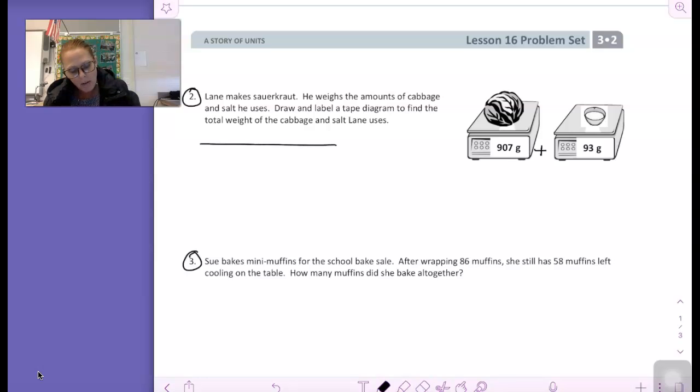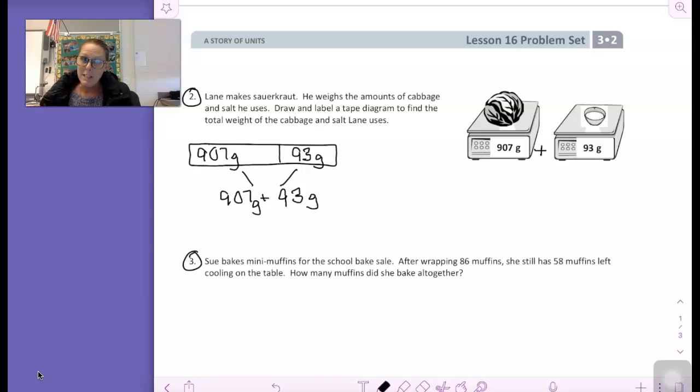So I'm going to model the problem with the tape diagram. And I know that he has 907 grams of cabbage and 93 grams of salt. And we're going to add those together to find the total amount of cabbage and salt.